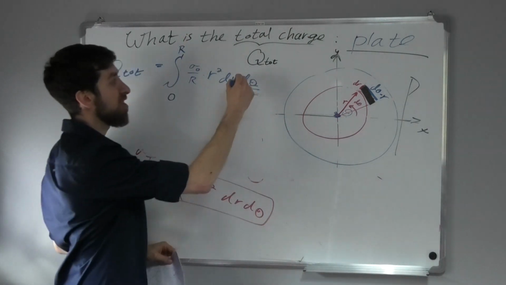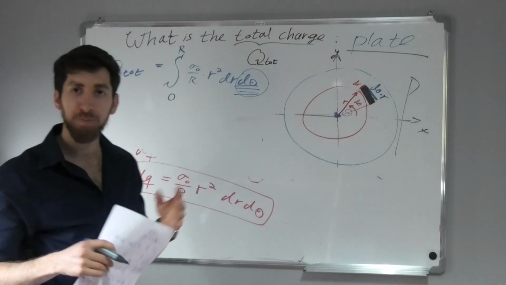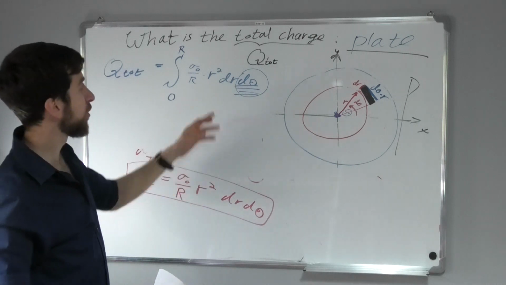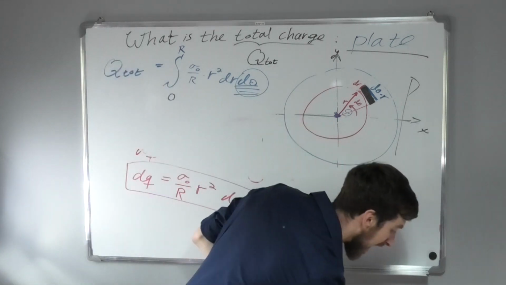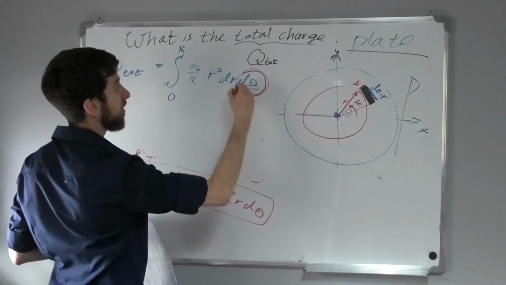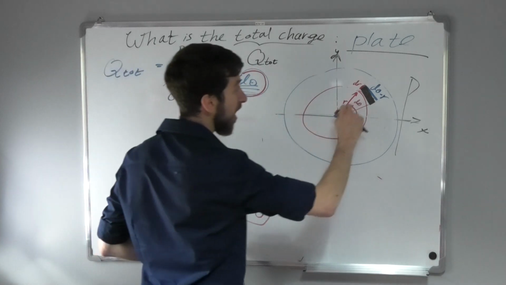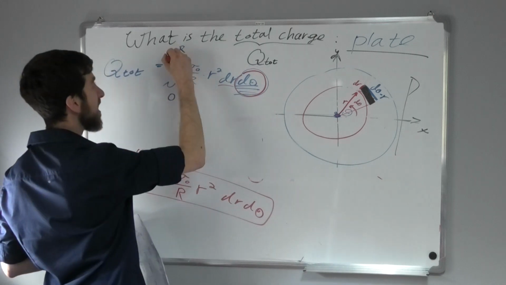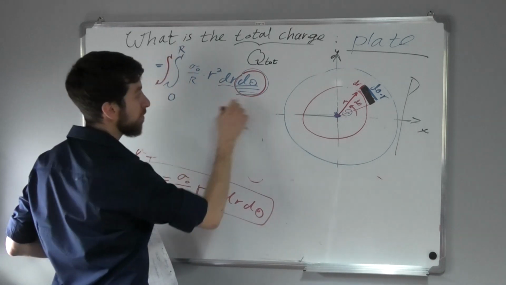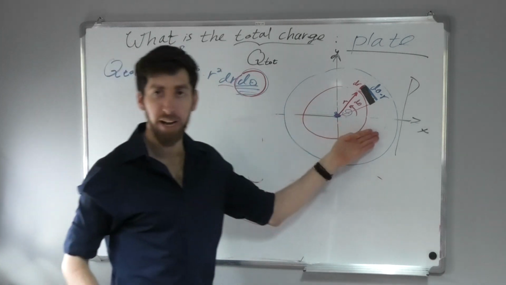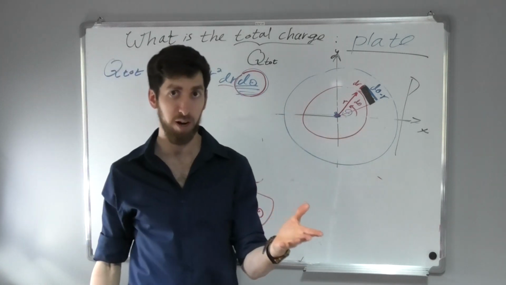But then I have another thing, which is d theta. So what do I do when I see another variable that changes? I'm just going to add another integral. Yes, it's true, I'm using r to describe the plate, but I need another integral to run with theta, which is from 0 to 2 pi. Why from 0 to 2 pi? You must use radians, right? We talked about it.